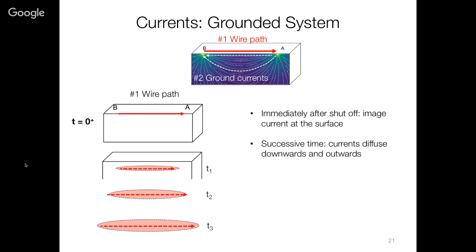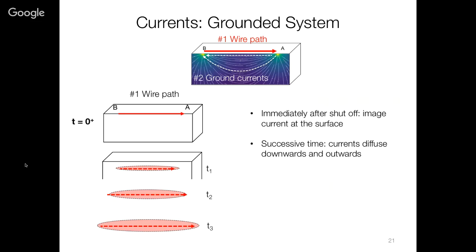Immediately after we shut the current off in the wire, there's effectively an image current at the surface. That means at this point here, the magnetic field hasn't changed. It used to have the magnetic field from the wire, but immediately after, there's still a current up there. It hasn't felt any change.